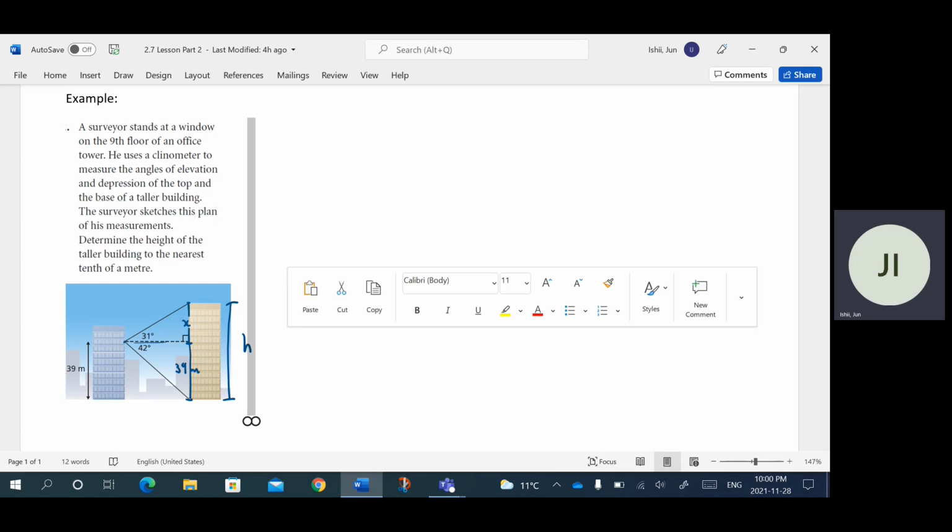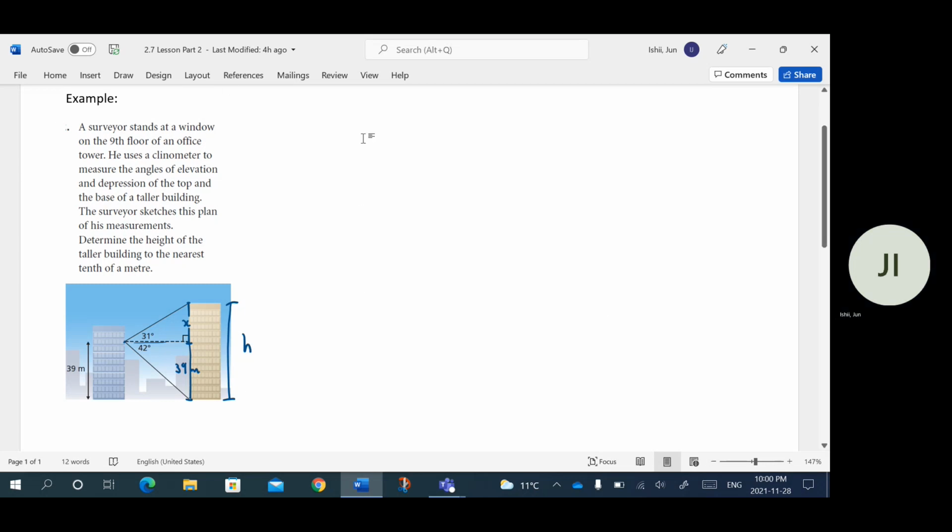However, we can also see that in this upper triangle, there's only one piece of information that's given, which is the 31 degrees. So I'm just going to redraw this. What's going on here? We have two triangles.